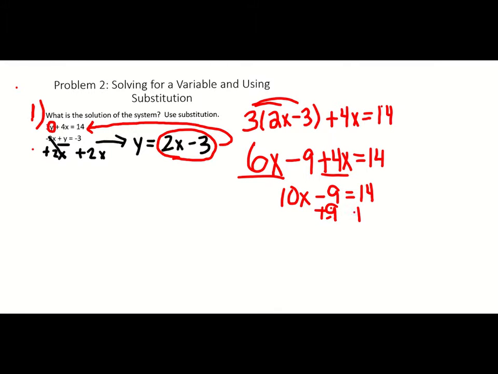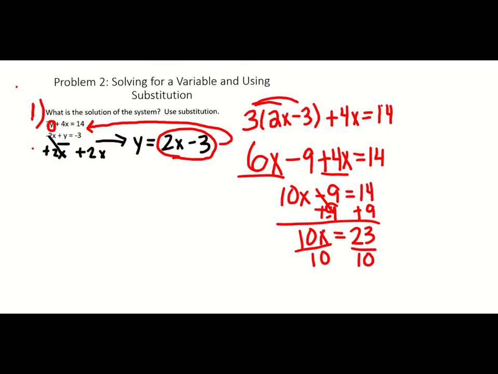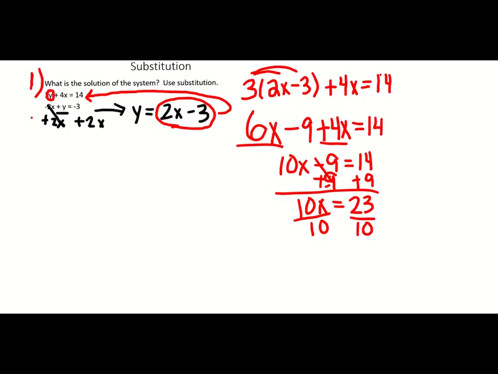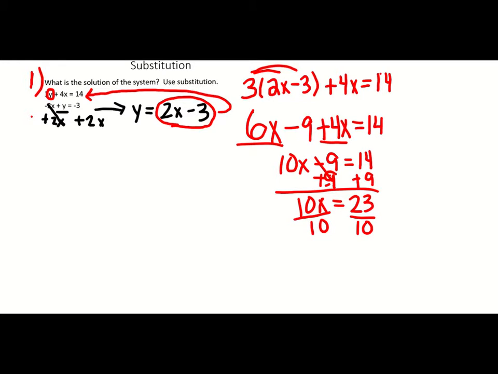That's going to be 10x equals 23. And then divide by 10. Now, 10 does not go into 23, and I do not want to make these decimals. I want the practice with the fractions. So I'm going to say x equals 23 over 10, because that fraction will not simplify.